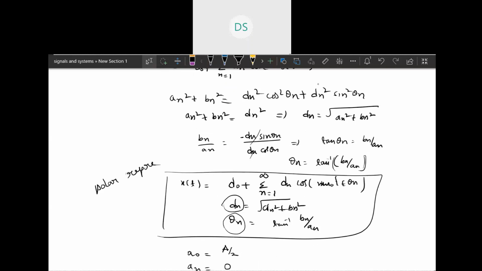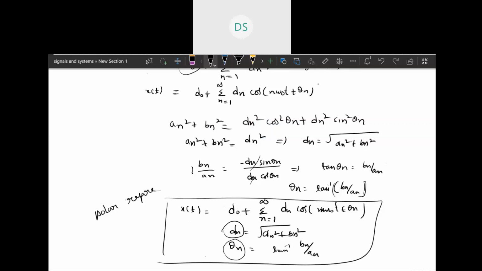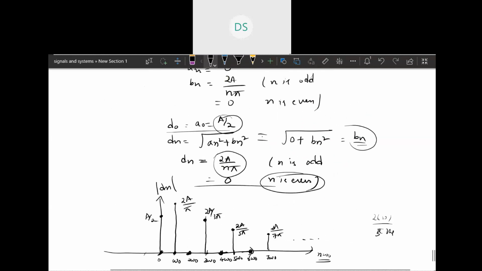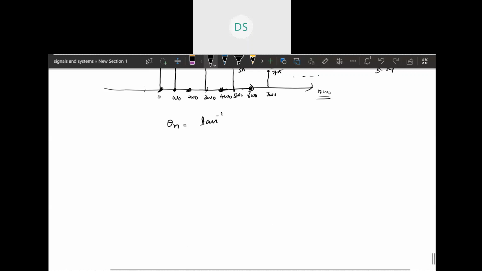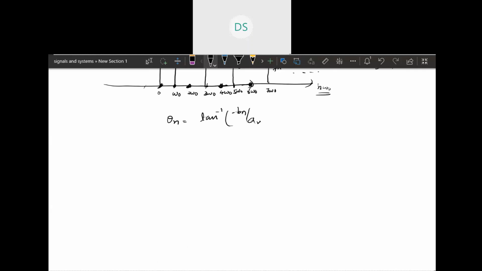It will be bn by an, which is minus dn sin theta n by plus dn cos theta n. So theta n is equal to tan inverse of minus bn by an.